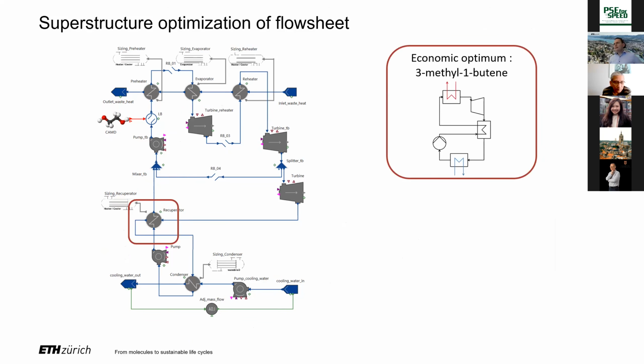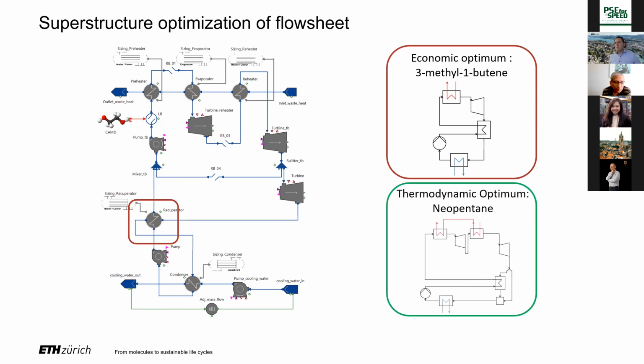And what you find, just for an example, if we go for the economic optimization, again, asking for minimizing specific investment costs, you will find an optimal working fluid again, in this case, 3-methyl-1-butene. And we'd say, okay, let's lose a recuperator, but no other options. Instead, if we run this on the thermodynamic optimum, you will end up with what you would assume.